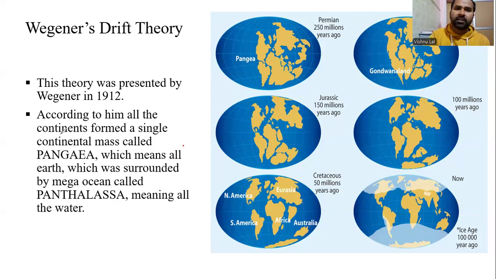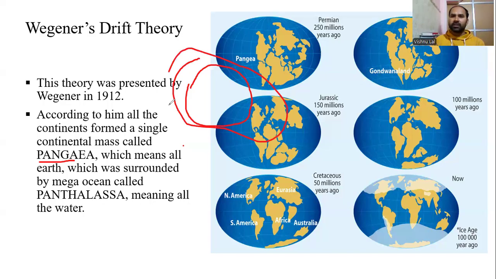All the continents formed a single landmass, and that landmass was called Pangea. And this single continental mass was surrounded by a water body.